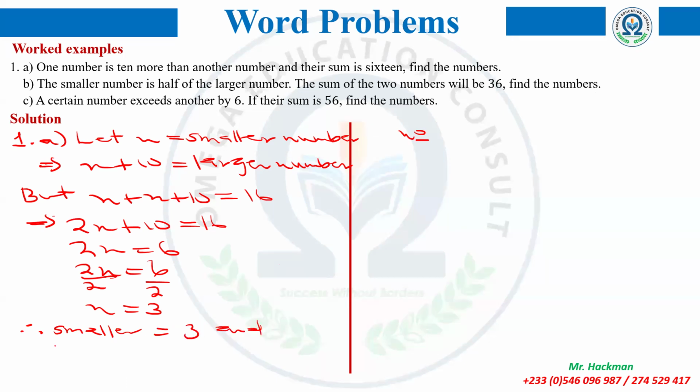And my larger number, I didn't write the number, please. You are supposed to write the number. My larger number will be equal to, remember it will be 3 plus 10, and that will be 13.